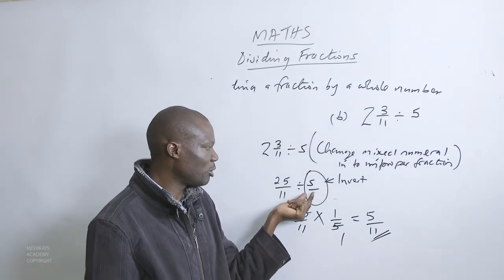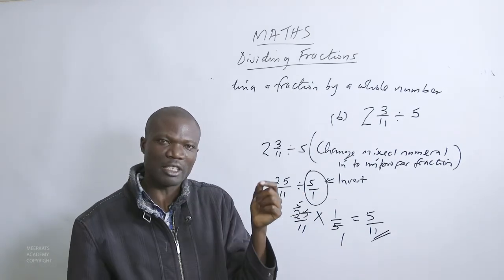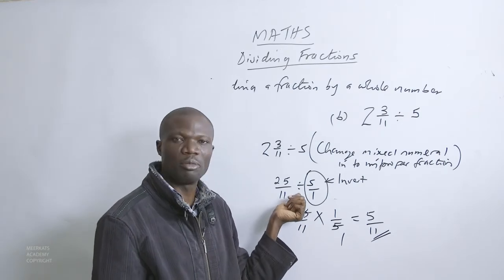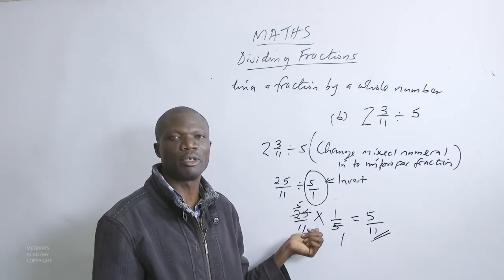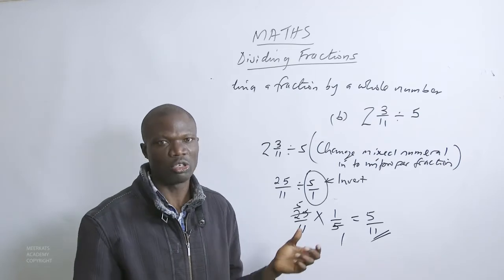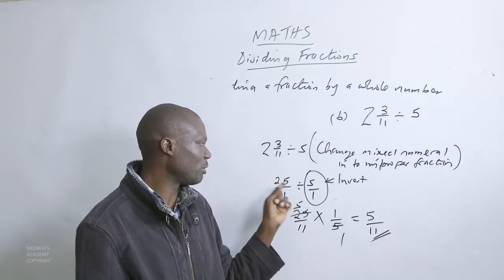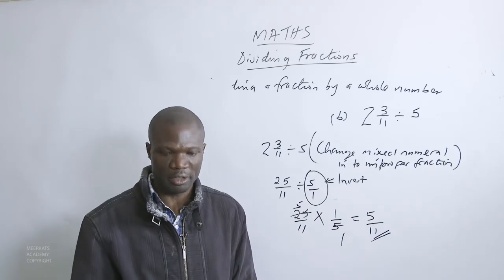Note that anytime you change the whole number to be a fraction and get its reciprocal, the sign changes from being division to multiplication. That is what we should be able to observe every time we are dividing fractions by whole numbers.